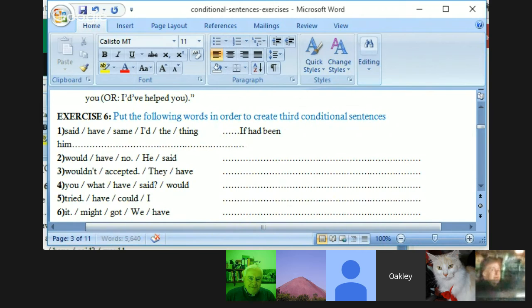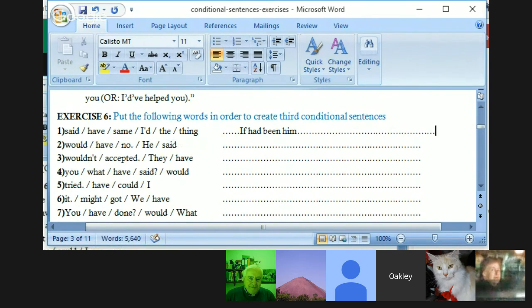If I had, whoops, I missed the I, sorry. If I had been him, well, obviously you weren't him. Notice the use of the verb to be in the if clause, had been. I'm going to need my comma. Now form me the rest of the sentence, Todd.